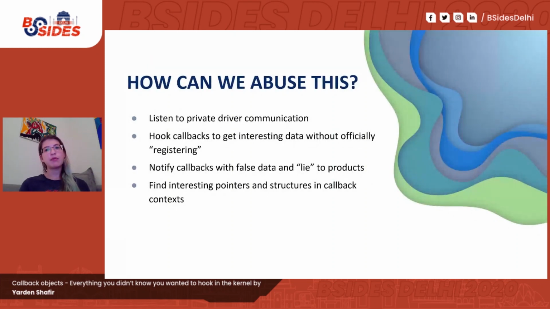Now we've seen this mechanism, we see what it does, we see how we can legitimately use it. How can we abuse this mechanism? Now there's all sorts of fun ways. Like I said, this mechanism can be used for internal communication, but it is not private. As long as a callback is not defined with don't allow multiple callbacks, anyone can register to it.